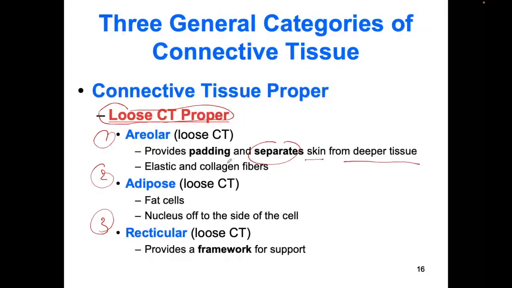It's the padding. And it's made up of elastic fibers and collagen fibers. These are protein fibers. Elastin and collagen are protein. Elastin, I think of elastic, think of a rubber band. Collagen is for strength. Collagen is strength. So think of your skin has lots of collagen.